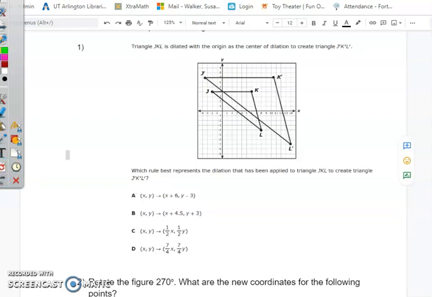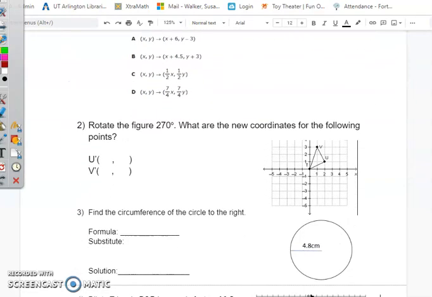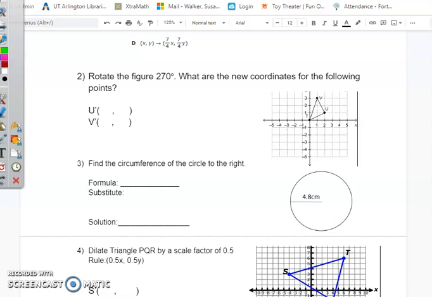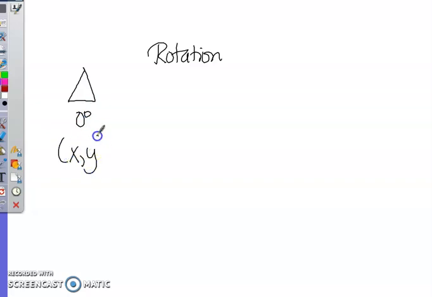Okay, so on this paper or on a separate sheet, I want you to write down those rotation rules. So I want you to pause the video and write down the rotation rules. If you're forgetting, remember it starts like this. Okay, so try to do that really quickly.